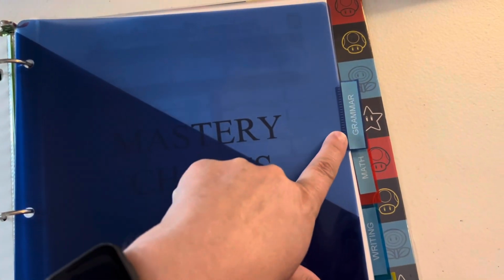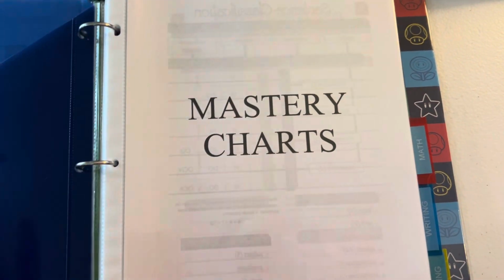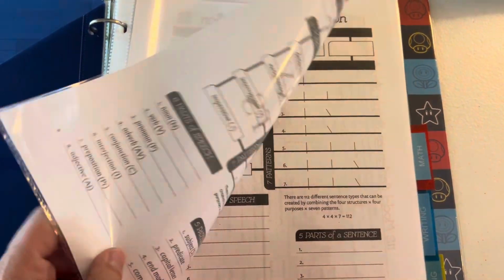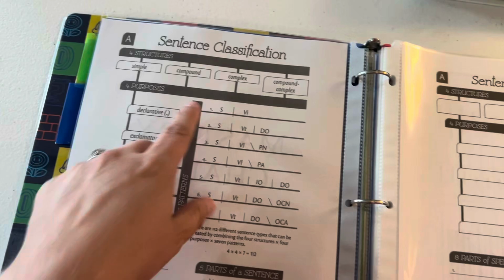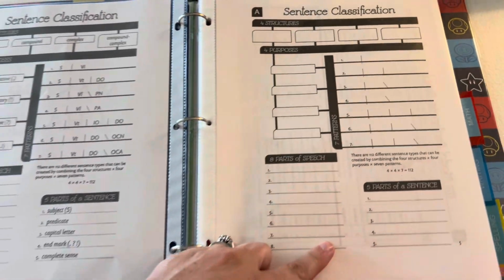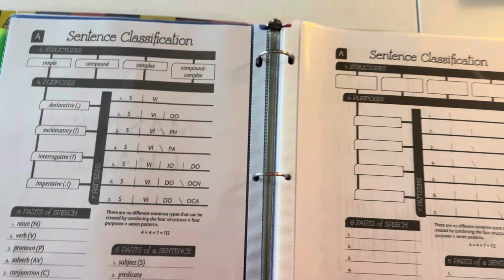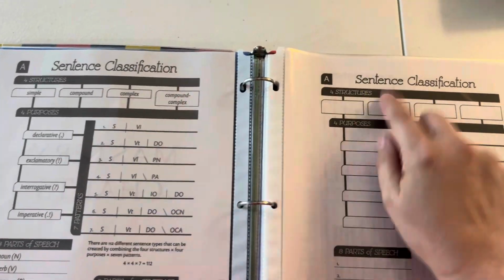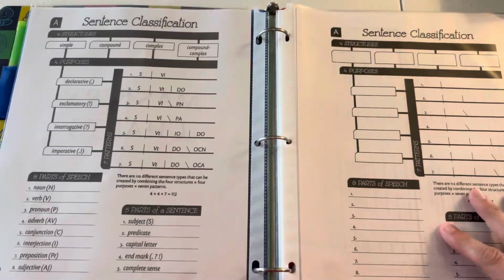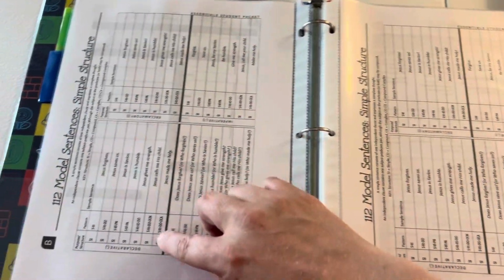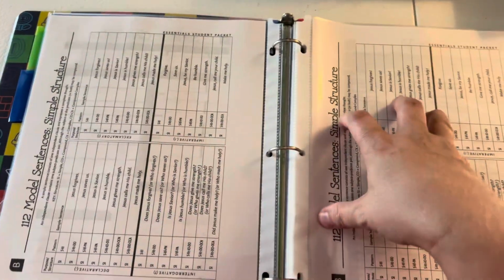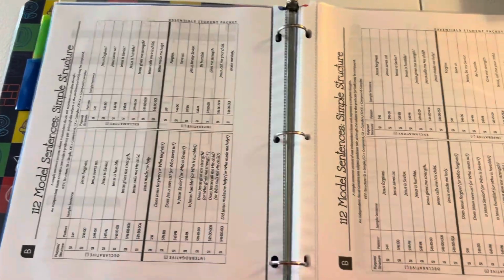Next is grammar. So that's where we're going to put this Mastery Charts packet that I printed out. That's going to have your filled in chart and your empty chart. So this is a great way for those kiddos that don't mind just straight copying. You can have the filled in one and the empty one right next to each other. The 112 models, there isn't an empty version because that's got a lot of information.